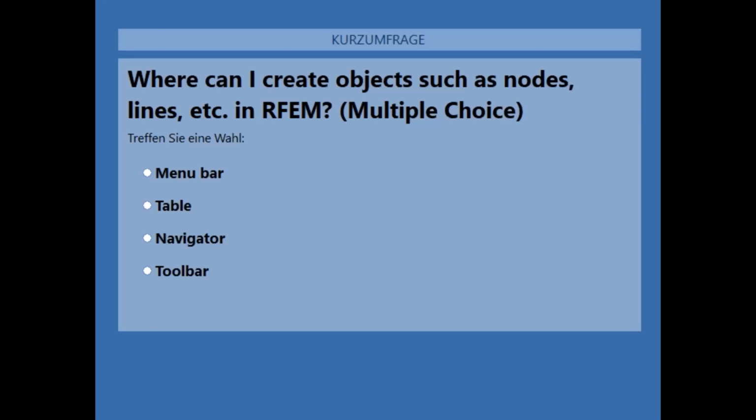So the question is, where can I create objects such as nodes, lines, and so on in RFEM? So there are multiple options you can choose from, and you can select multiple at a time. So first answer would be the menu bar, the table, navigator, or the toolbar.